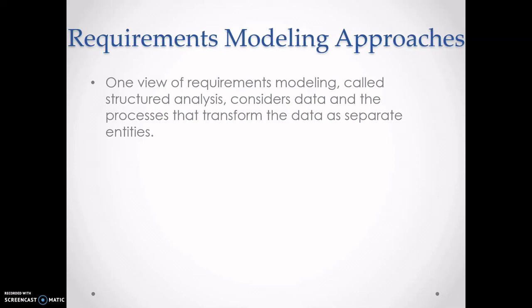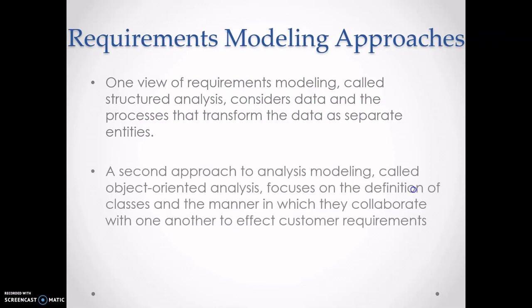Processes that manipulate data objects are modeled in a manner that shows how they transform data as data objects flow through the system. A second approach to analysis modeling, called object-oriented analysis, focuses on the definition of classes and the manner in which they collaborate with one another to effect customer requirements. So here UML and the unified process are the object-oriented approaches.